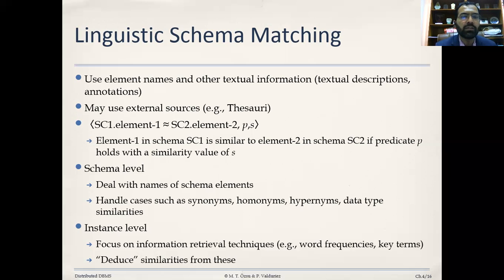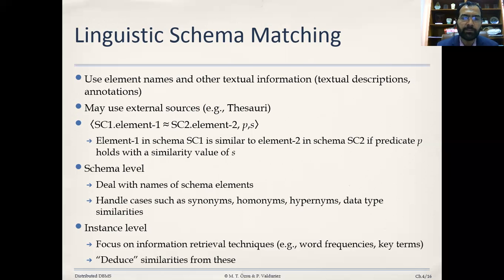The instance level focuses on information retrieval techniques. For example, when we go for the instance level, normally we go for word frequencies and key terms. How many times is that word represented, or the same word or terms, whatever we define, are represented? We want to see at the instance level whether they are repeating or not, and how many times.